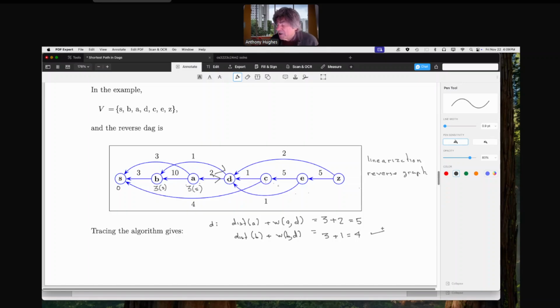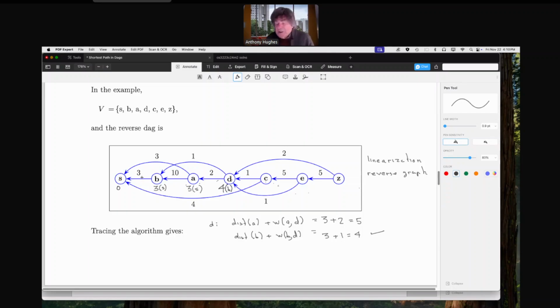So this one wins out. So D is going to be 4 and its parent is B, because we can go 1 back to B and 3 back to S.